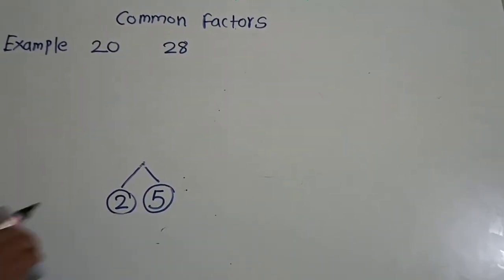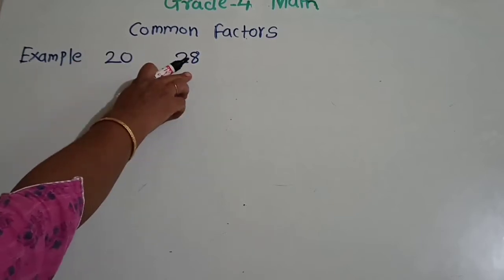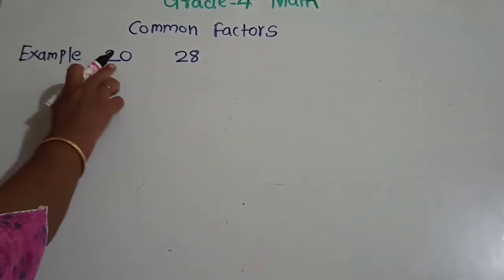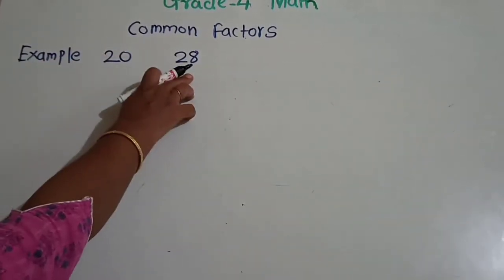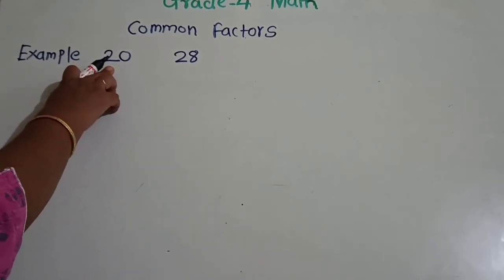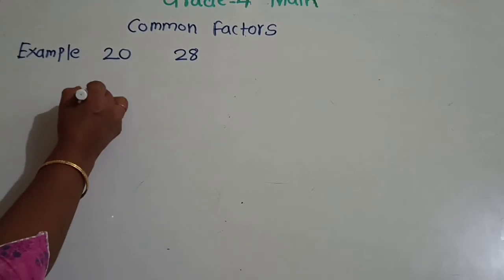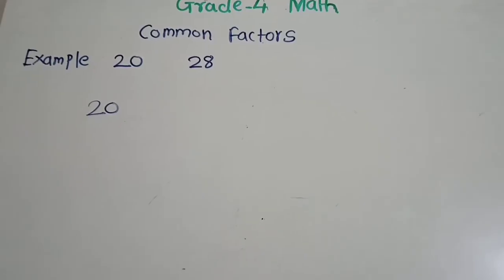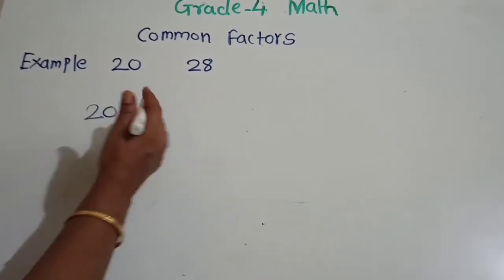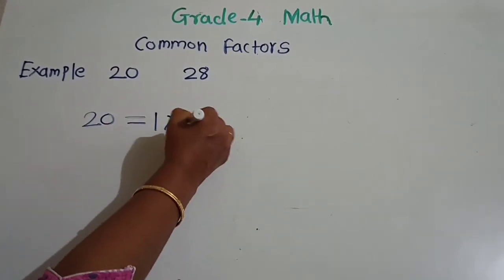Common factors means we have to take two numbers. Example here is 20 and 28. Now we have to make the factors of these two numbers. First we will take 20. Factors of 20: first 1 multiplied by 20.